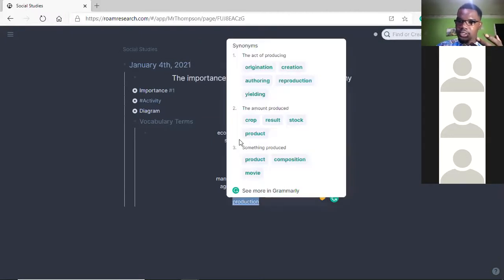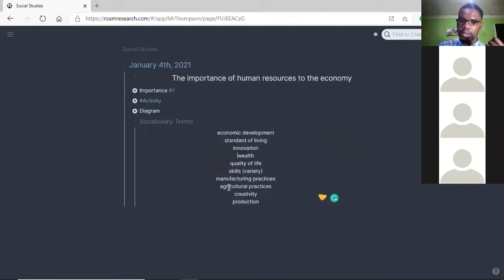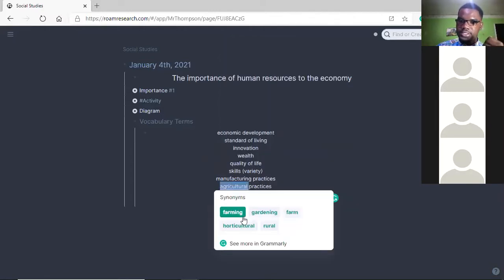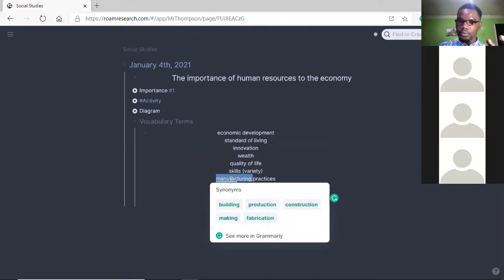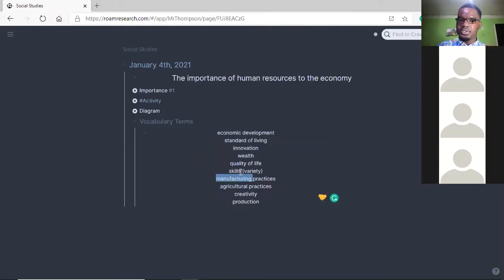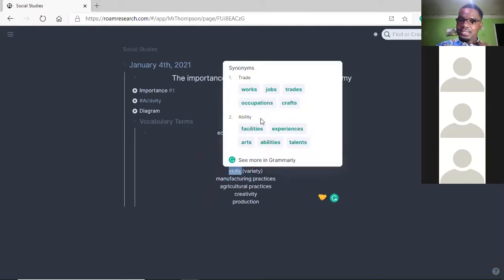Production is creation, the act of, for example, making something, reproducing something, or yielding something, right? Agricultural practices, farming, gardening, right? Manufacturing practices, building, production, construction, and fabrication, which is not always the truth, but that's what it means. Skills means to have a job, trade, craft, right? So they call you craftsman.